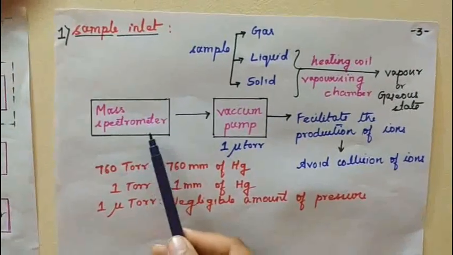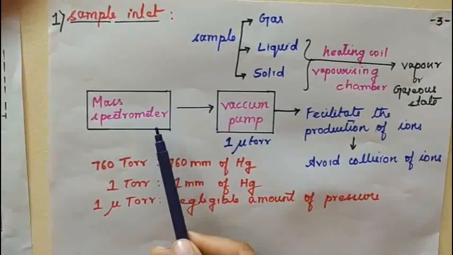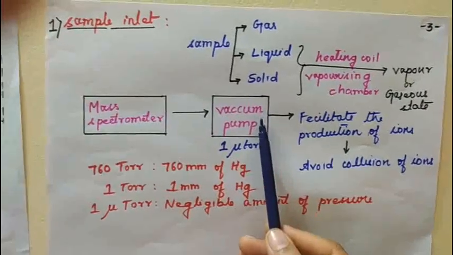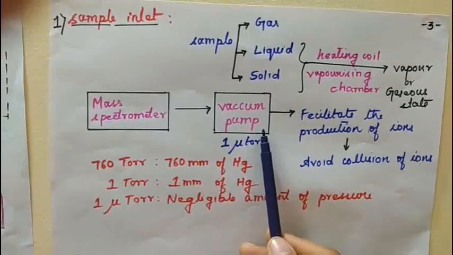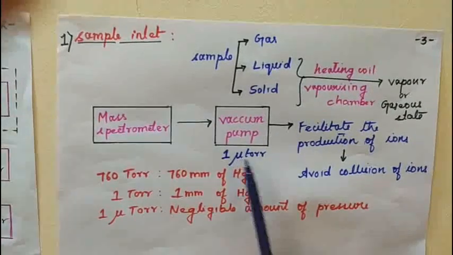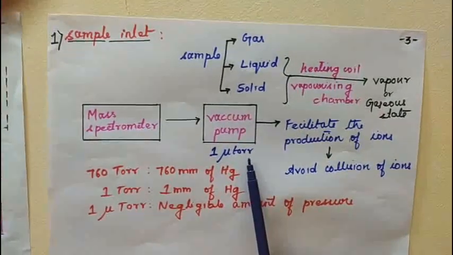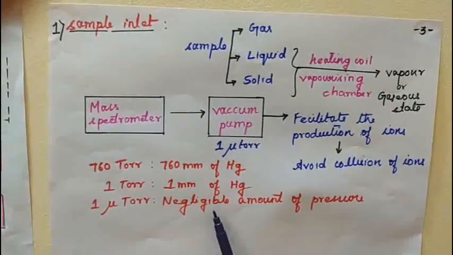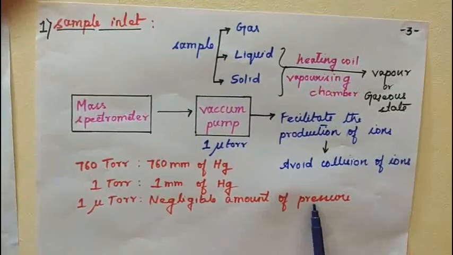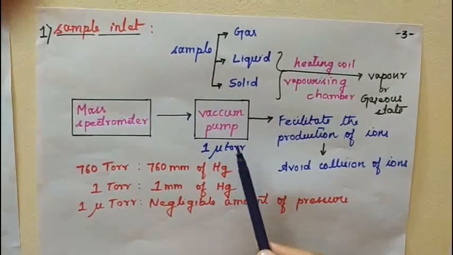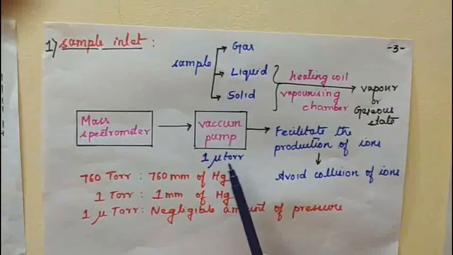The second point is that the mass spectrometer is provided with a vacuum pump, and inside the mass spectrometer 1 microtorr pressure is maintained, which is a very negligible amount of pressure. Why are we maintaining such a low pressure, that is 1 microtorr?